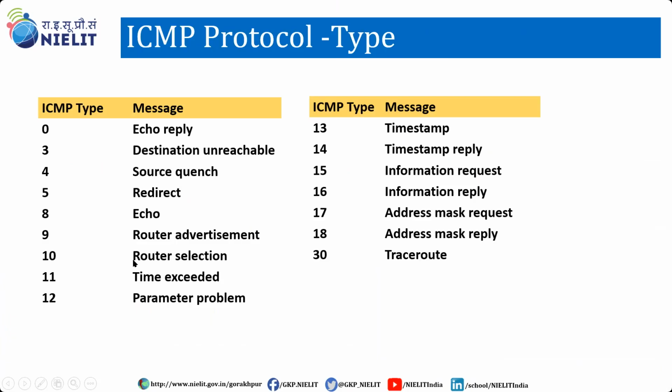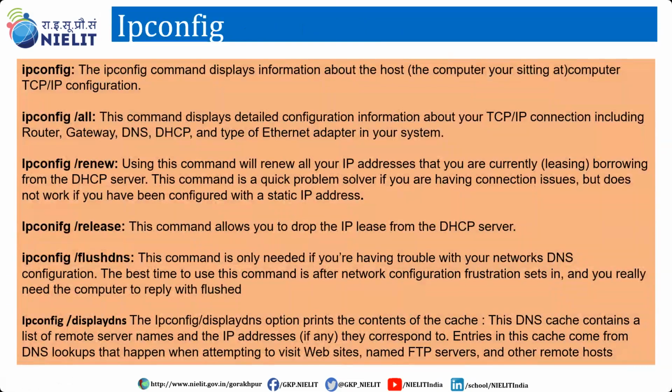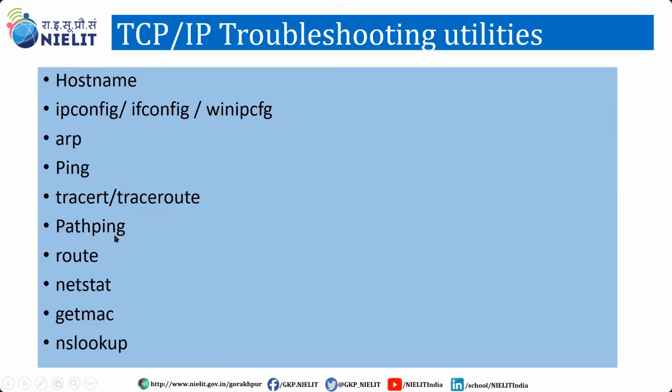Then router advertisement, router selection, time exceeded, parameter problem, timestamp reply, information request, information reply, address mask request, address mask reply, traceroute. We are going to cover 2 commands, ping and traceroute. Both ping and traceroute are dependent on the ICMP protocol, as well as pathping.